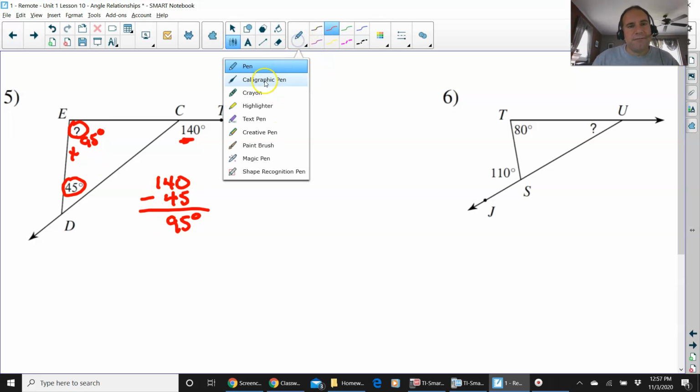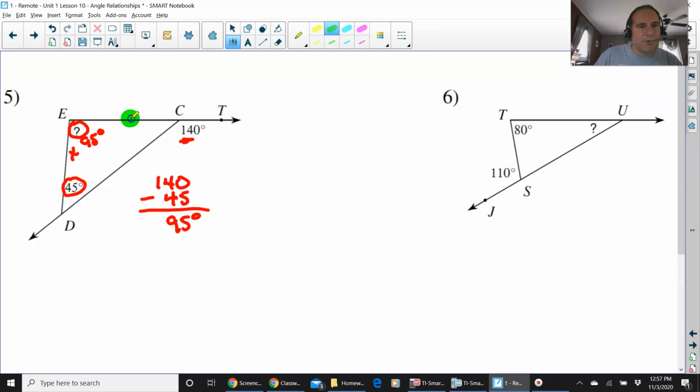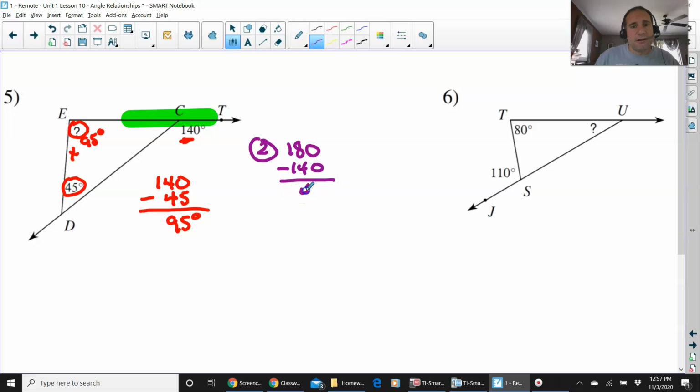You could have taken a couple more steps here. Remember, that is a straight line. If you wanted to do a second method, and this is the last time I'm going to show you, it's 180 minus 140 because that is a straight line. This is 40 degrees right here.